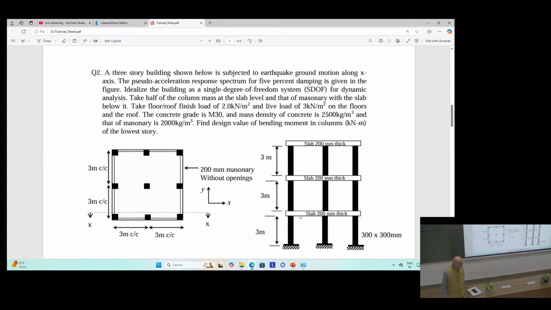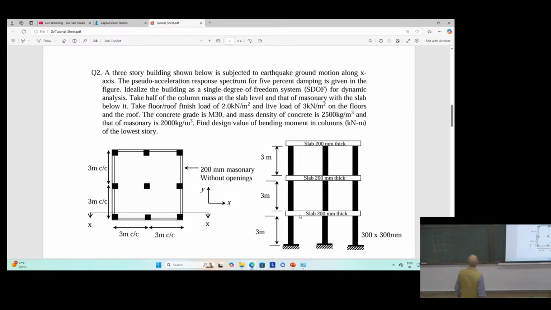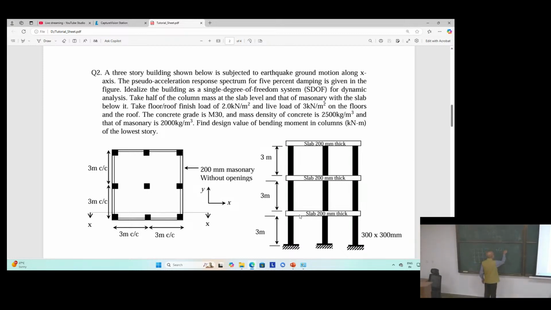So how to start it? You need a mass matrix, okay? So here is a matrix, here is a matrix, here is a matrix. So mass matrix, damping matrix, stiffness matrix.